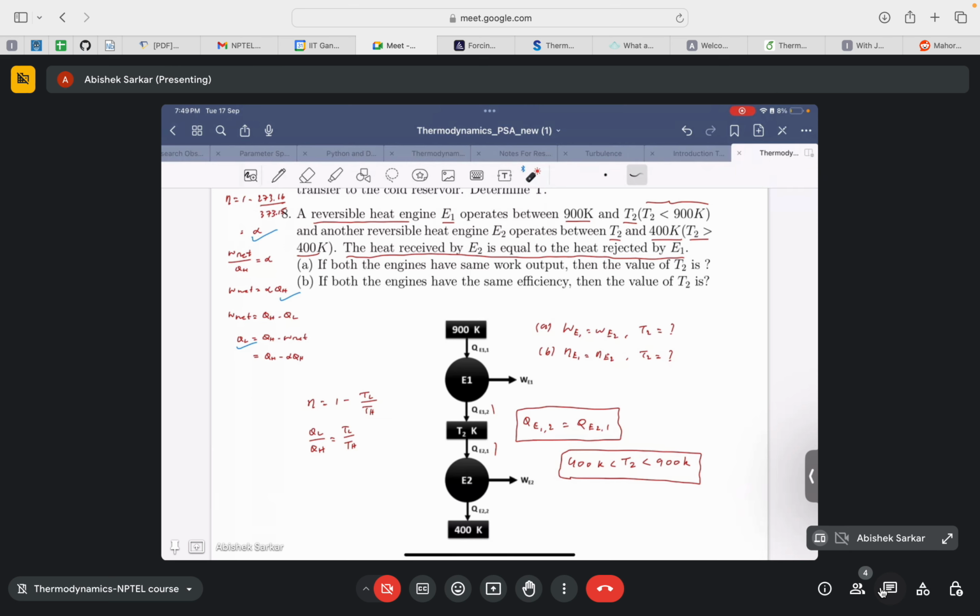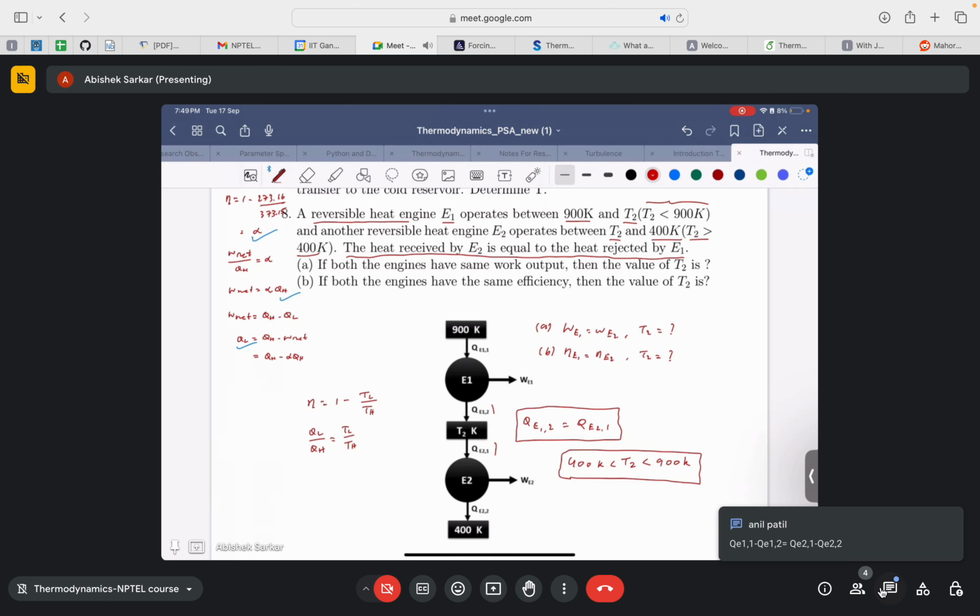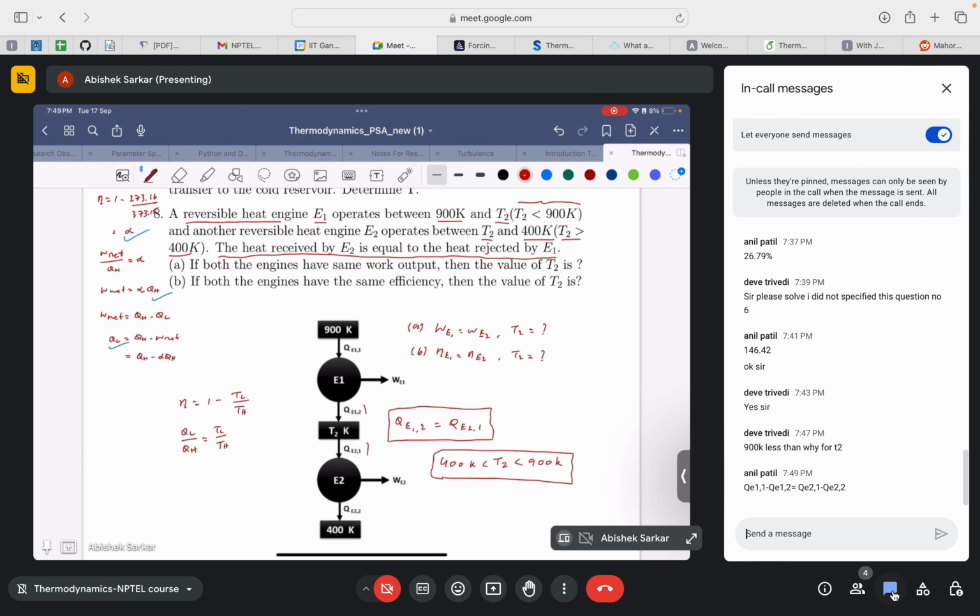So let us try Q1 by 1 minus Q1 2. Okay, yes, exactly. Since we have WE1 equal to WE2, you have correctly mentioned it.